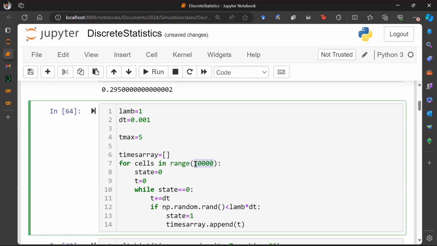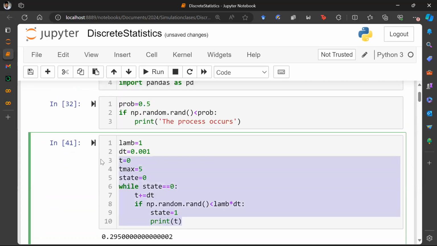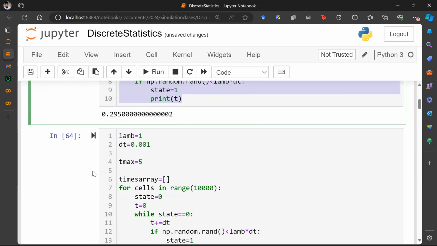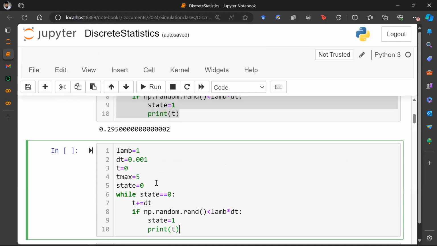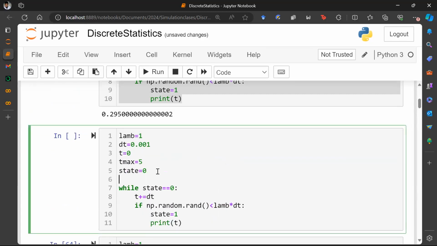In the next cell, I can do this 10,000 times. So I make a loop, simply copying this and pasting it again, and run this in a loop.